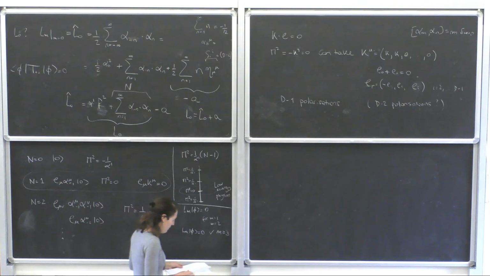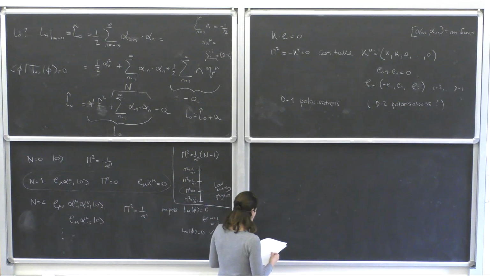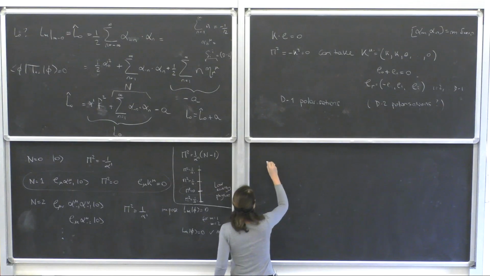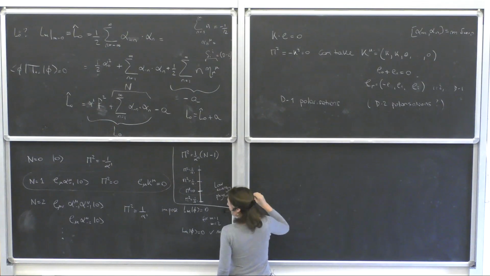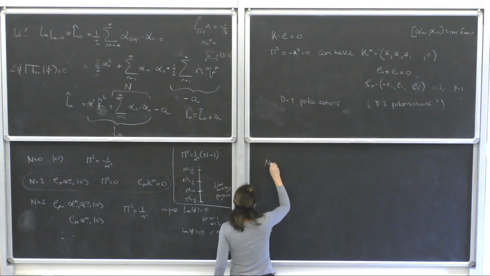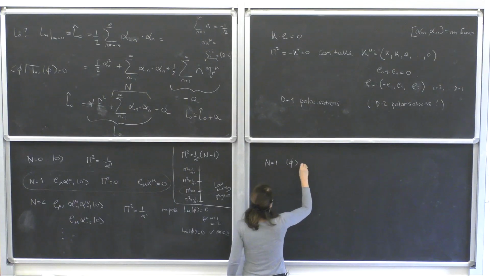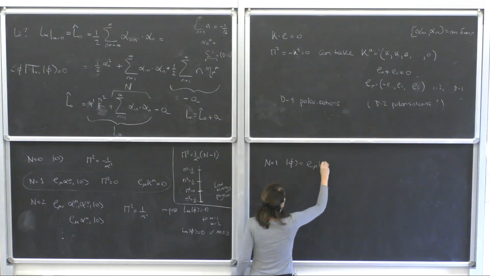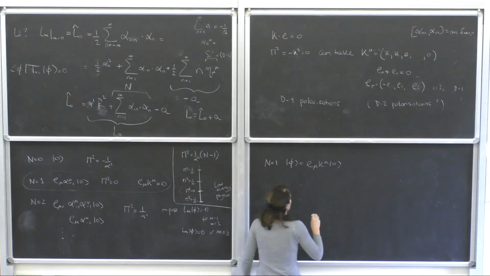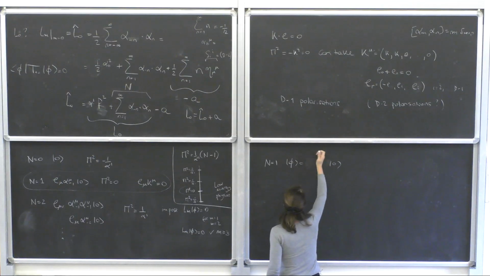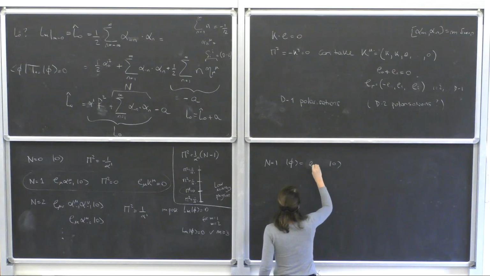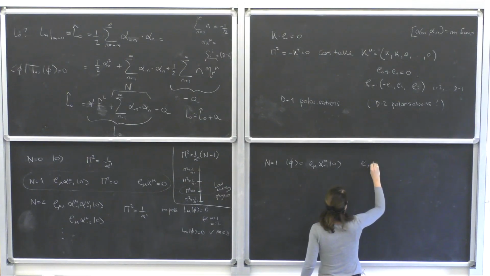This is from what's called null states. Again, I'm at level n equals 1: phi equals e mu alpha mu minus 1 on 0, with e mu k mu equals 0.